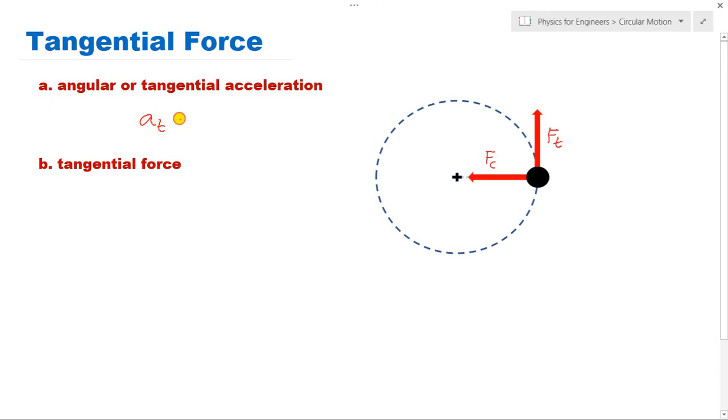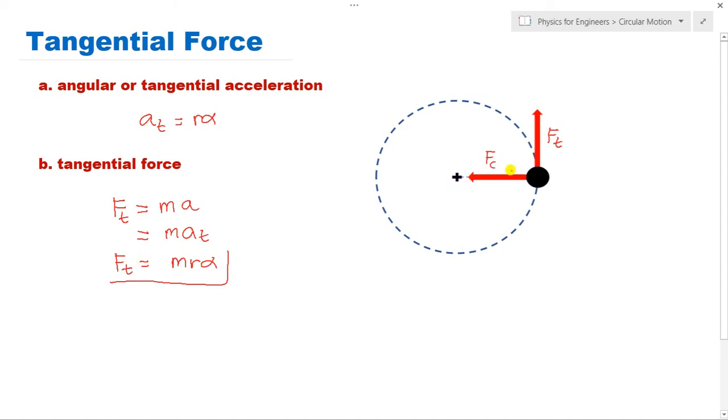A sub t is just equal to the radius times alpha, or the rate of change of your angular velocity. And then again, our tangential force F is equal to the mass of the object times its acceleration. And what is its acceleration? It is equal to the tangential acceleration. Kasi tangential force to, so we have m times a sub t. And what's a sub t? That is equal to r alpha. So this would be the expression of your tangential force: m r alpha.